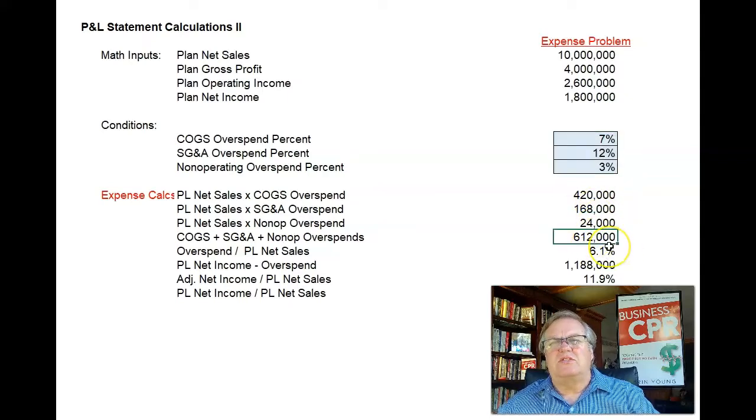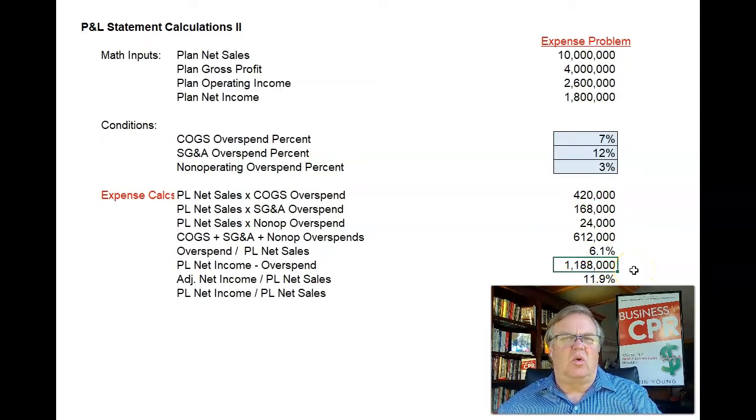So in other words, you're now spending $612,000 more in total than you planned to spend. That's a 6.1% hit against sales. So instead of making 1.8 million, you're now making something short of 1.2 million. That means you're returning just shy of 12% instead of 18%.